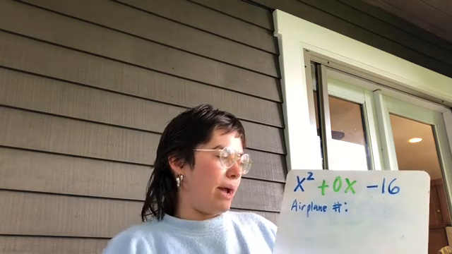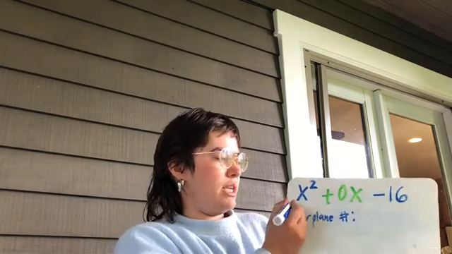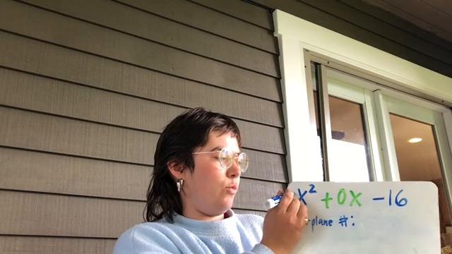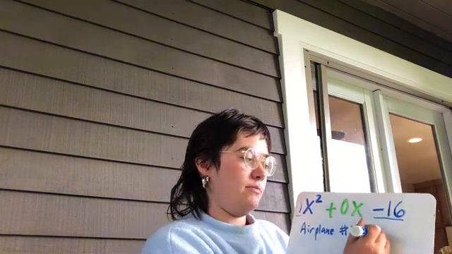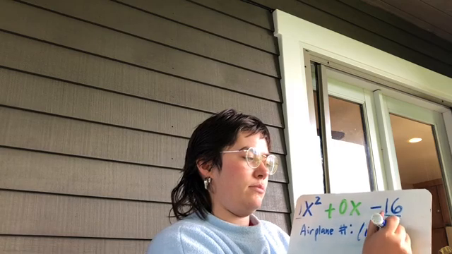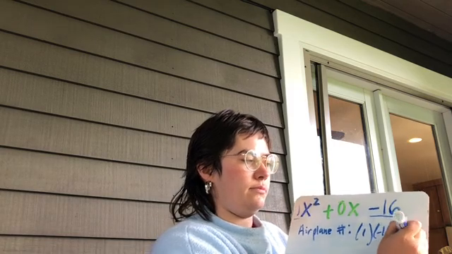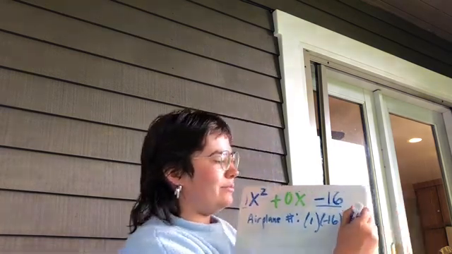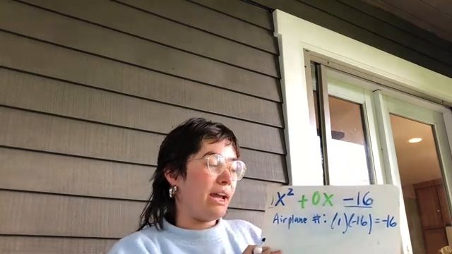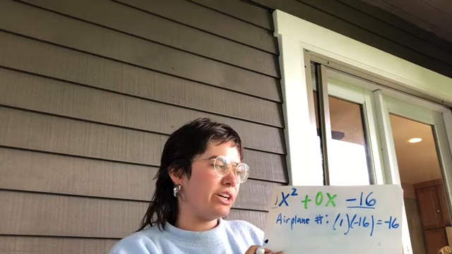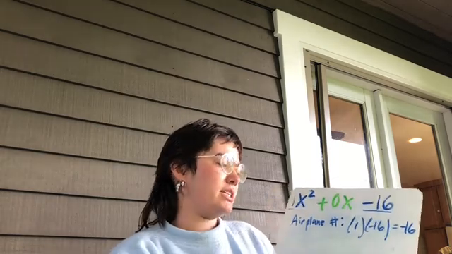So I would take my airplane number, which we know is multiplying my coefficient of 1 by negative 16, which gives me negative 16. Now, my next step is to list factors that multiply to negative 16.